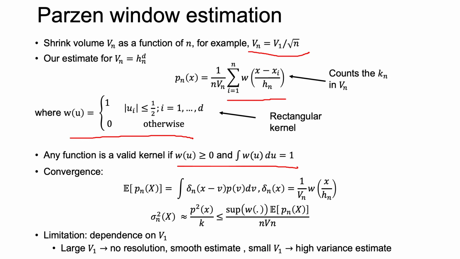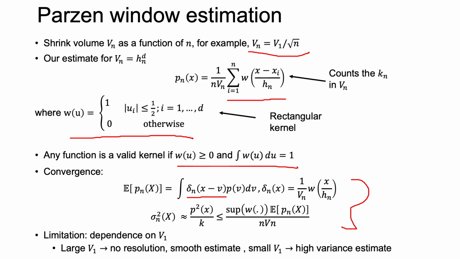Let's see convergence for this method. We say p_n of x converges to p of x if the mean of the estimator is the true PDF and the variance becomes 0 as n becomes infinity. We can give the expectation of the estimator and variance by these expressions. We can see that if volume V shrinks to 0, then this function will be the delta function, and this integral will be the convolution of the delta function and the true PDF, and it will give us the true PDF as the expectation of our estimator.